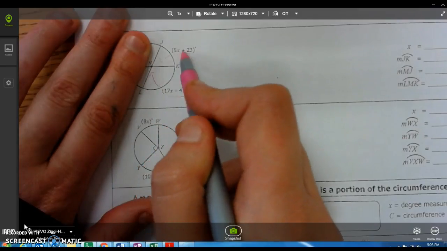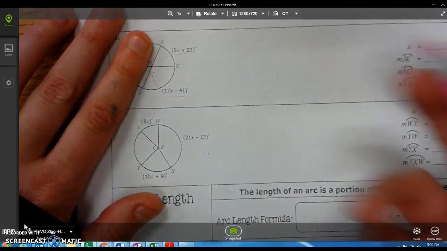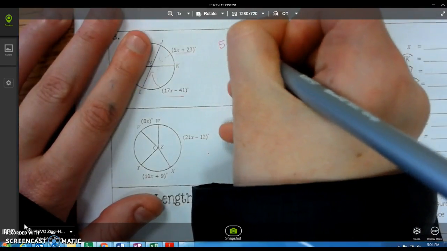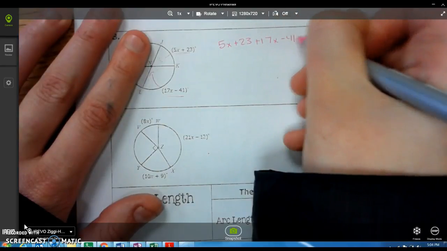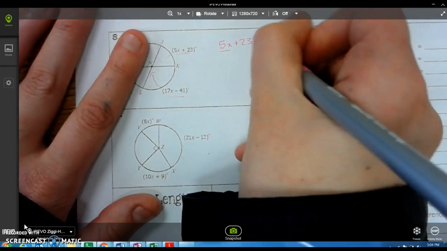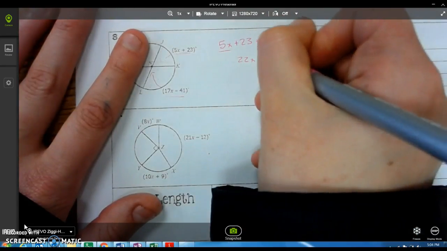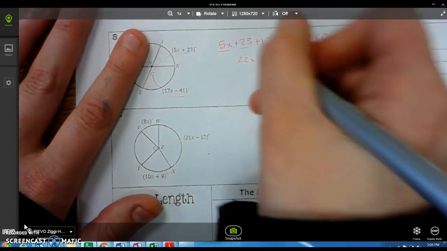So I know that these two add to 180 because they make a line, or they make half a circle, however you want to look at it. So all you have to do is 5x plus 23 plus 17x minus 41 is equal to 180. Combine my like terms. 41 minus 23.